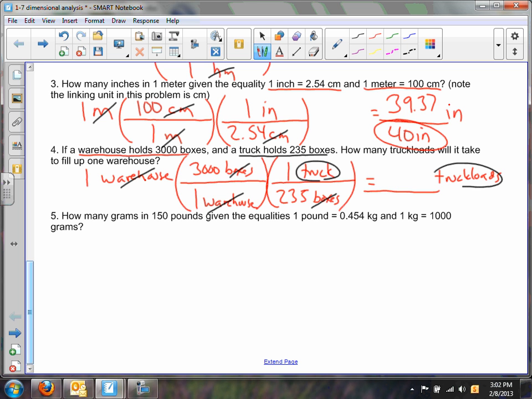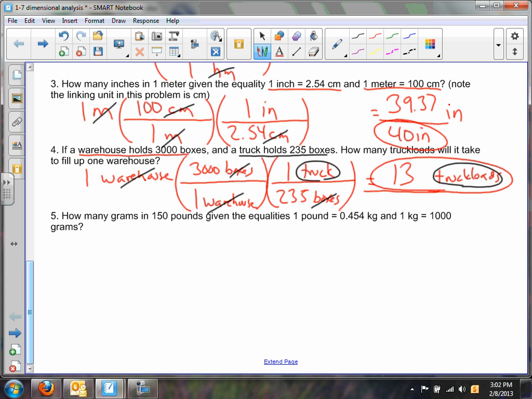That's what I'm looking for. In this case, I need to take my 1 times 3,000 and then divide by 235, and it looks like it's going to take 12.7, which is 13 truckloads to fill that warehouse.